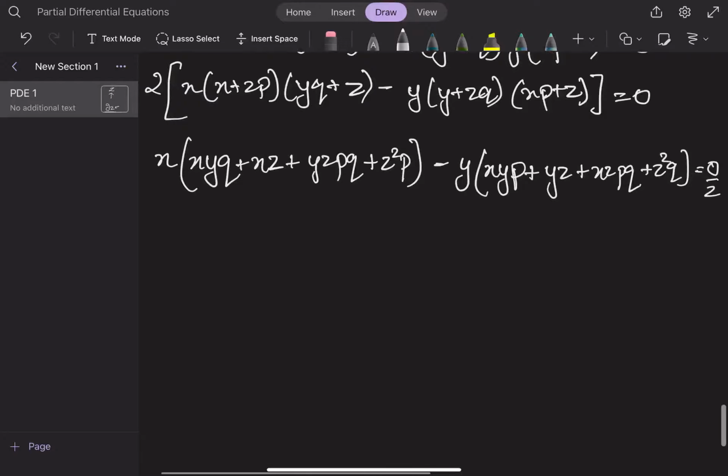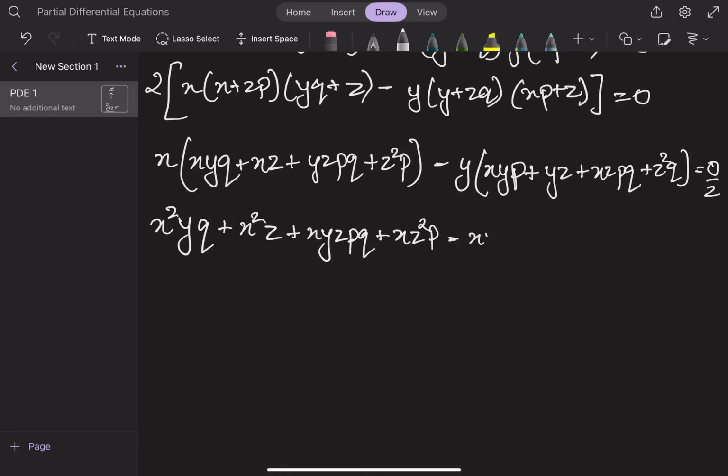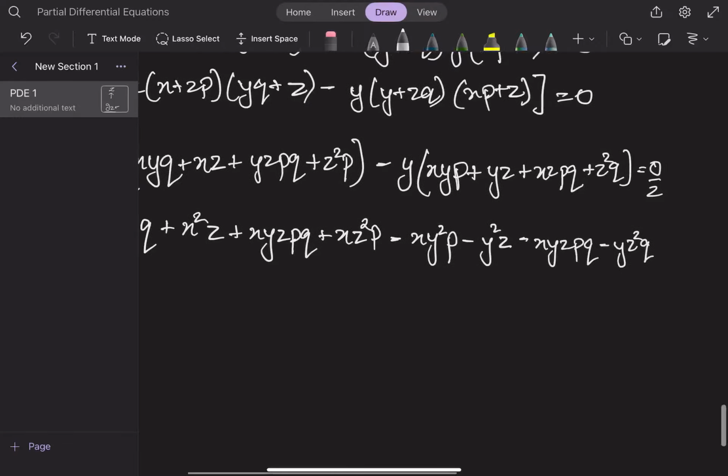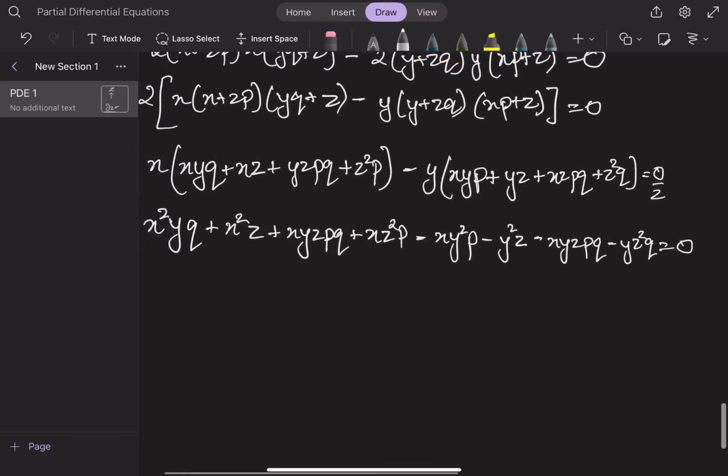Now let's multiply the x and y inside. So x square yq plus x square z plus xyzpq plus xz square p minus xy square p minus y square z minus xyzpq minus yz square q is equal to 0. So this one term gets cancelled out.